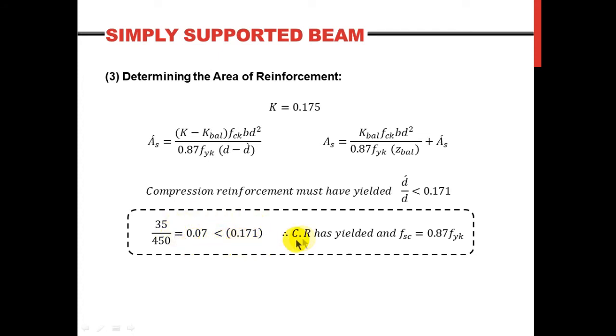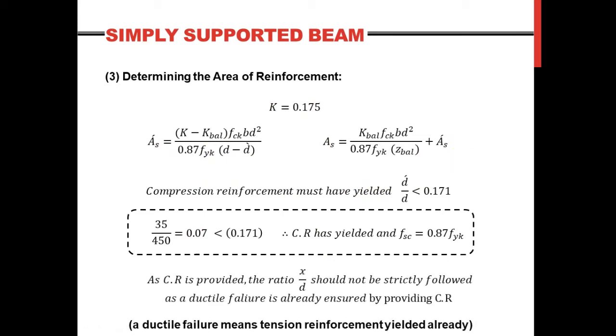That tells me my compression reinforcement has yielded, and f_sc is equal to 0.87 f_yk. So simply check this one here. If this is true, you just carry on, find the area of compression reinforcement, and then find the area of tension reinforcement. Simple as that.